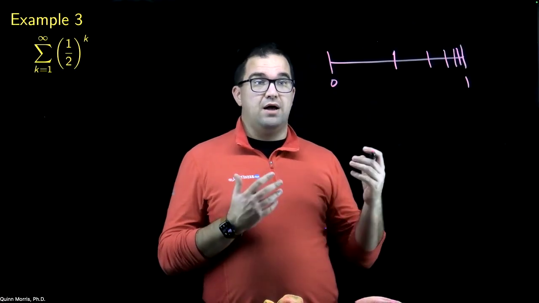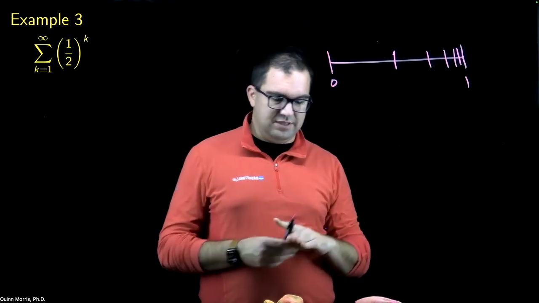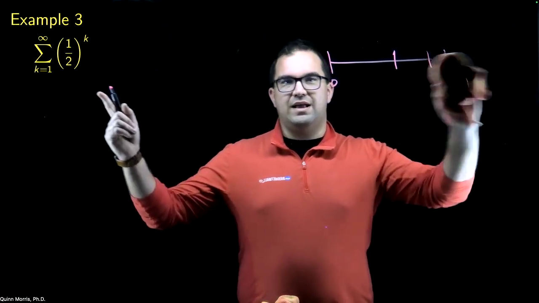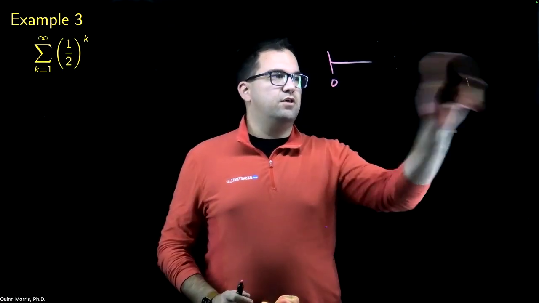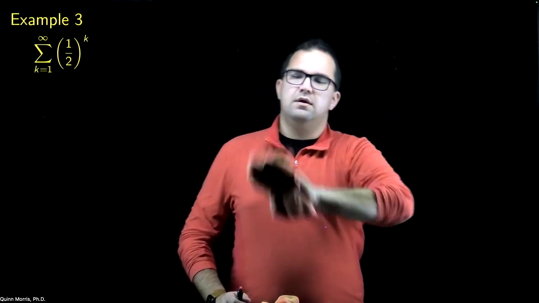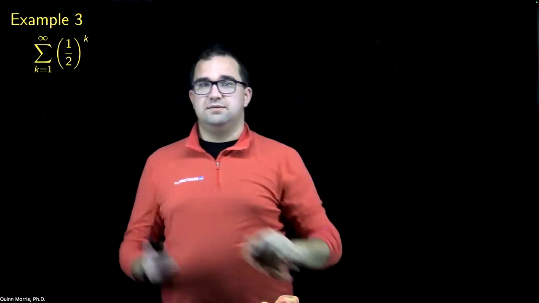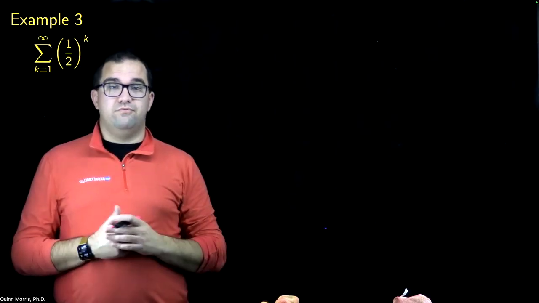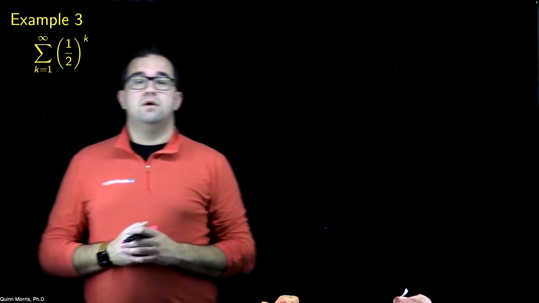How could I ever possibly cover the entire distance? That was Zeno's paradox. But this series is sort of like adding together the lengths of each of those little distances, little journeys. And so already you might think, okay, it seems like this should probably be equal to 1. How would we prove such a thing, though?